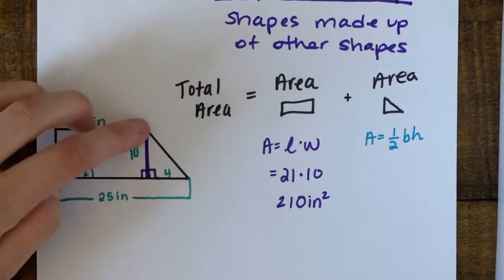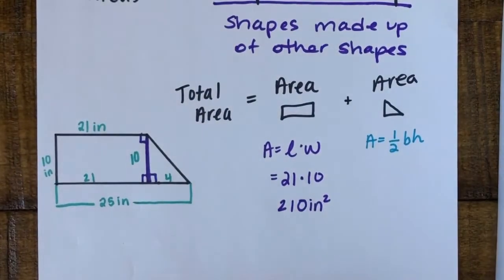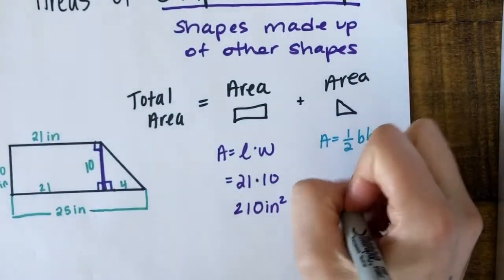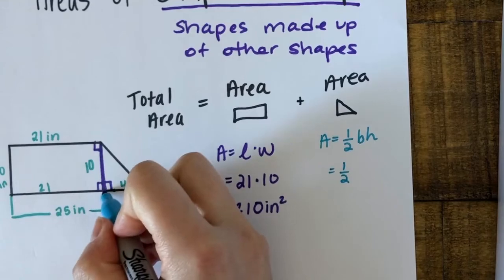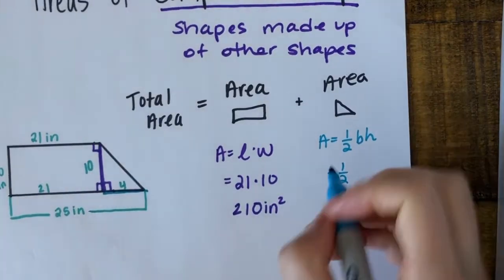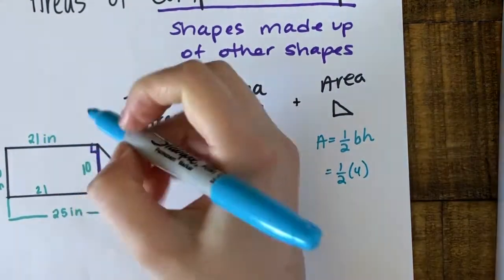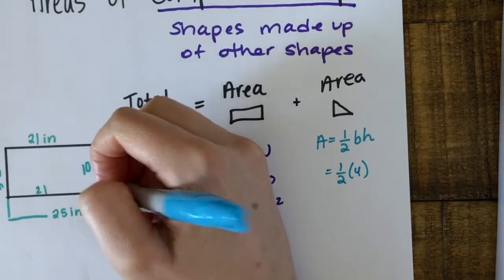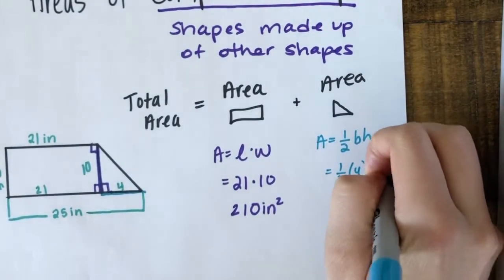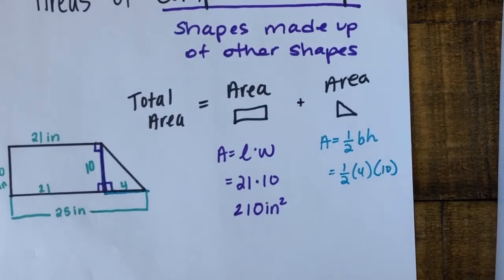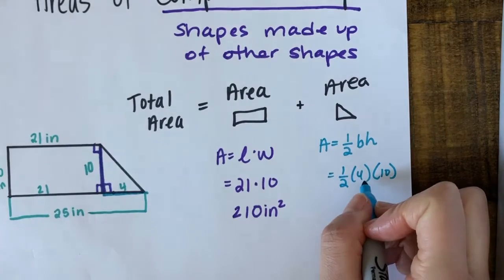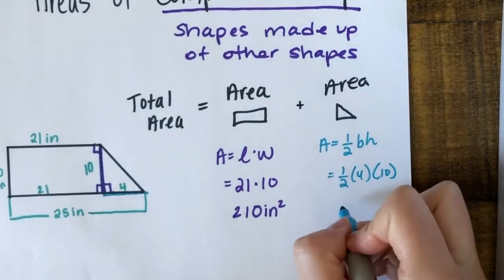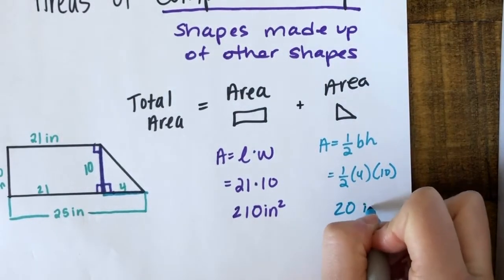How tall is it from top to base? So I've got those two measurements. Half my base, which is 4, because the triangle is just this much, times my height, which is 10. And I'll calculate. So half of 4 is 2 times 10 is 20 inches squared.